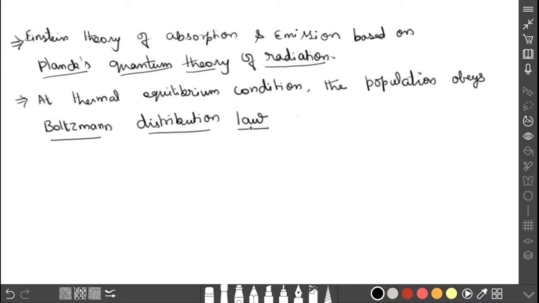So to find the coefficients A and B, I am going to follow these two concepts: one is Planck's quantum theory of radiation and another one is Boltzmann distribution law. So let us start the derivation part.